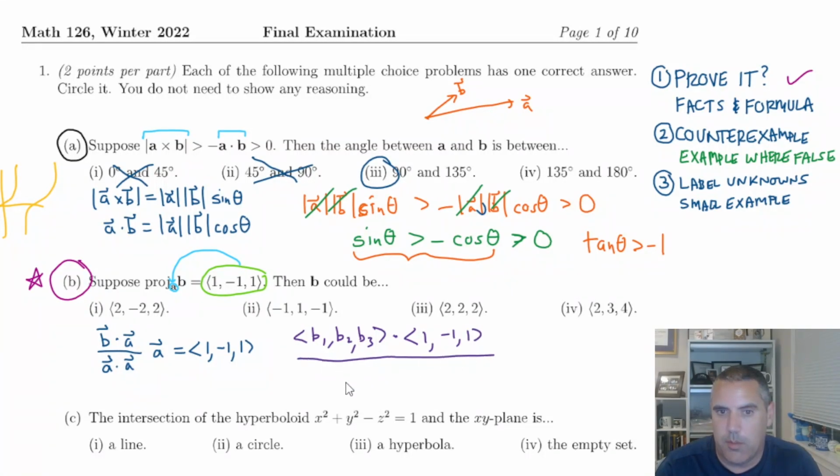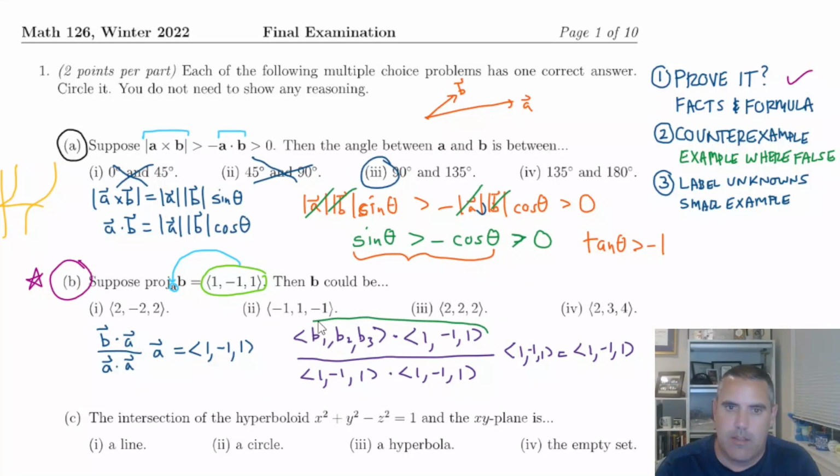I'm dividing by A dot A, and I got this from the projection formula. And I'm multiplying that times A, and it needs to come out to be equal to A. So the truth is that means that all of this has to be 1, is what we can conclude.